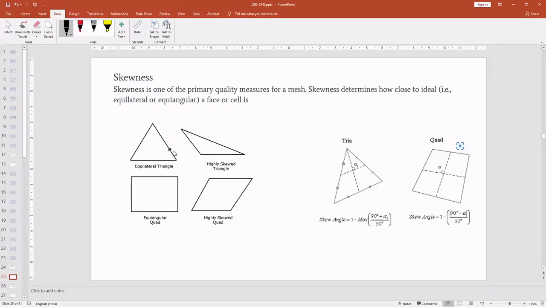So how much each of our cells deviates from the equilateral triangle, that's the value of skewness. Here, if you see, this is an equilateral triangle and this one is a skewed triangle. In the equilateral one all the sides will have the same value, but here it is different.